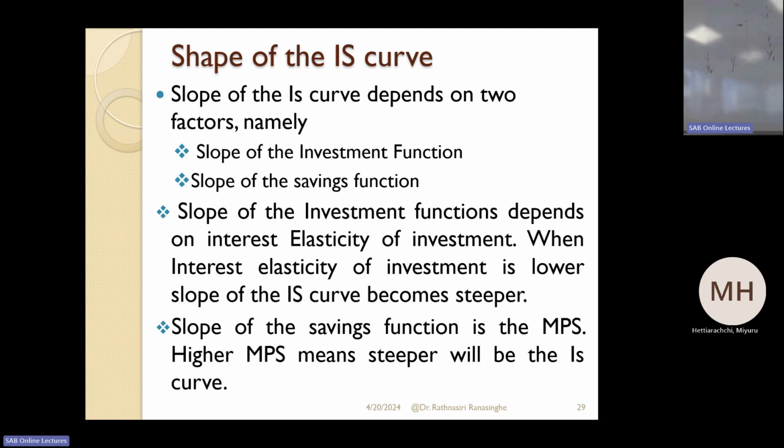If the I1 is low, we have the steeper investment curve, so that leads to a steeper IS curve as well. If the I1 is high, we have the flatter investment curve, so that leads to a flatter IS curve as well. So likewise, we can identify the slope of the investment curve, which depends on the interest elasticity of investment.